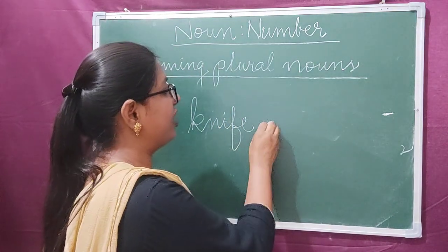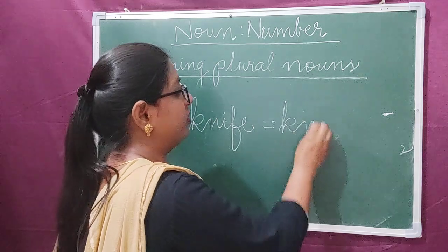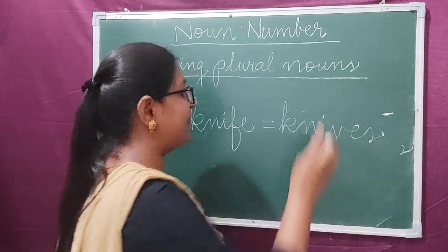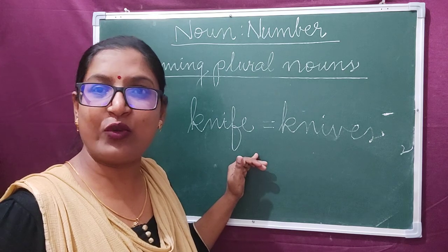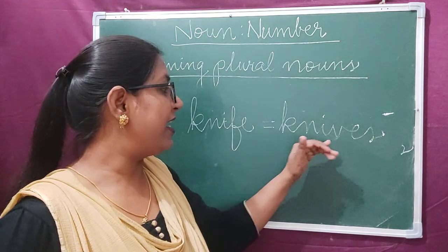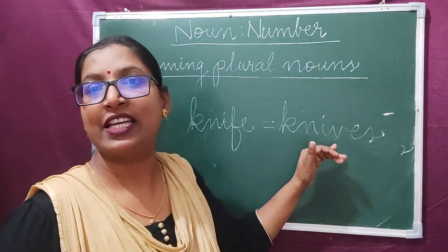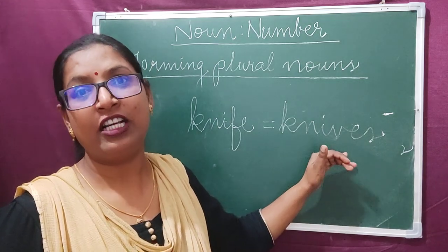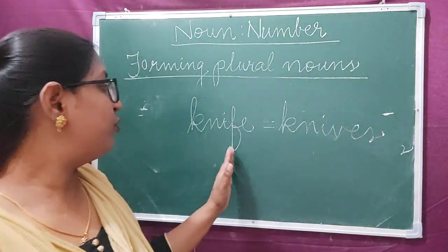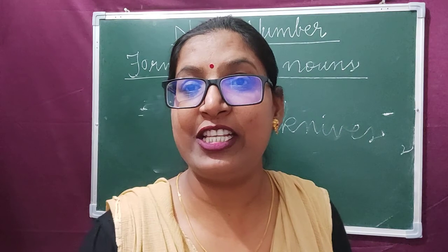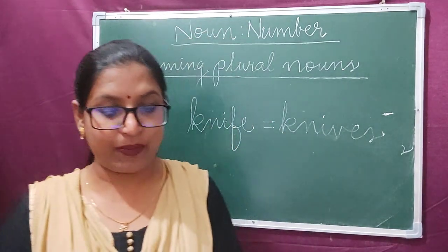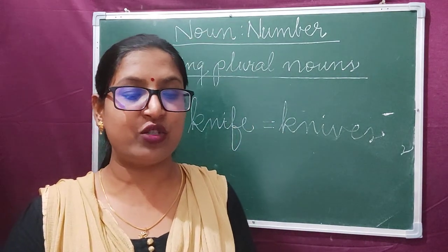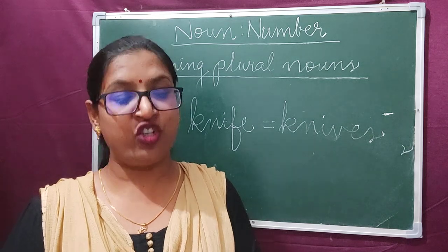When knife is changed into knives, here it is F sound, we can hear knife. And here knives. Here V sound we hear. Clear? So always remember, when F or FE is changed into VES, the pronunciation, the sound is also getting changed.